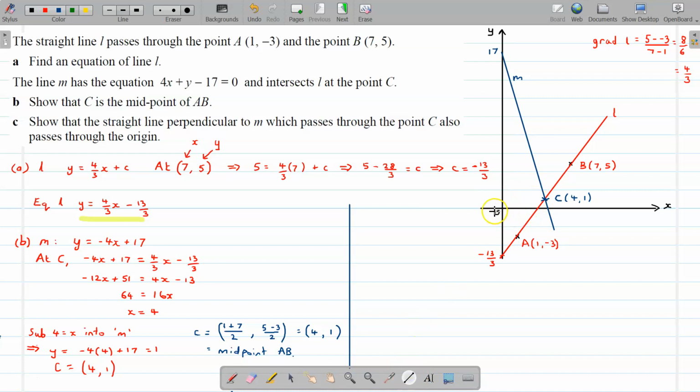So let's see if it does. From the sketch, it looks pretty close. If you were drawing it accurately, it would show a right angle there. It doesn't quite look right from the sketch, but we wouldn't expect it to. We'll show it as a right angle because that's what we're expecting to find. And we've got to show that it goes through the origin, which is the point 0, 0.